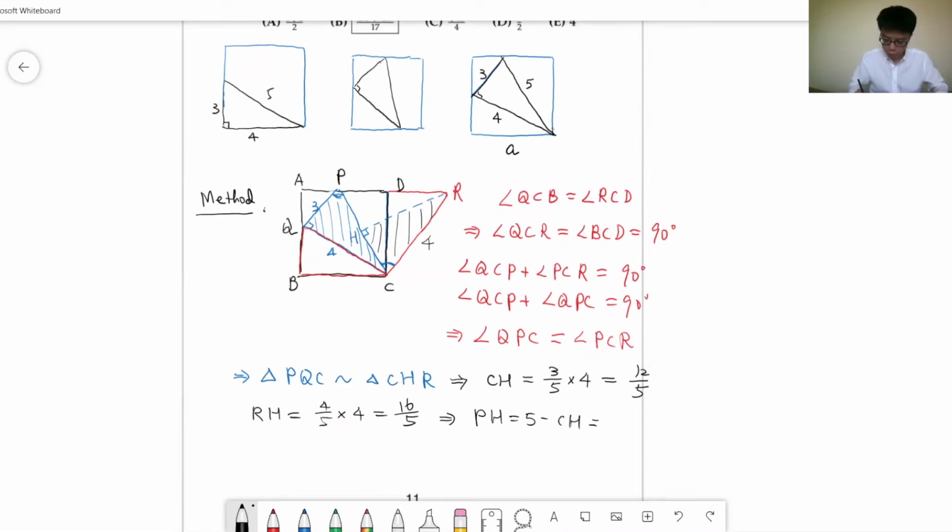So 5 minus CH becomes 13/5. That's PH. All right, we have both PH and HR, so we can solve PR. PR is PH squared plus RH squared, and then we take square root by our Pythagorean theorem. So this becomes square root 17.